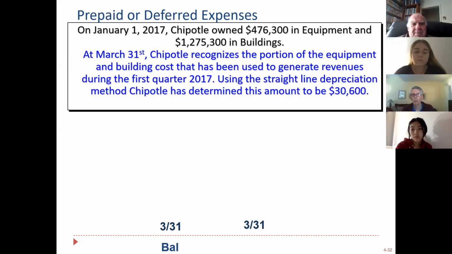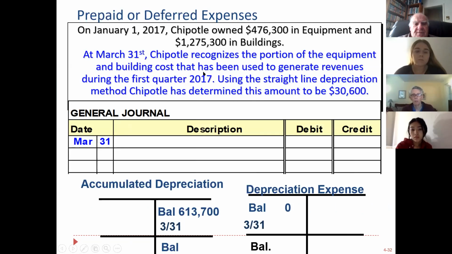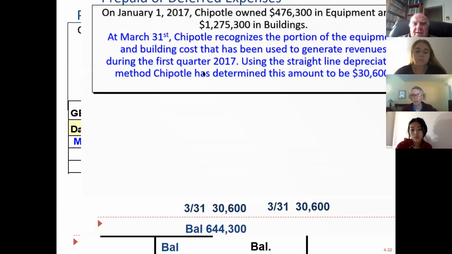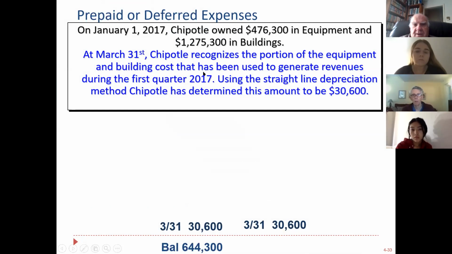You're going to debit depreciation expense, and you are going to credit accumulated depreciation. They owned this much in buildings and equipment, and at the end of the period, they must record the depreciation expense. And they've determined that that amount is 30,600. Okay.